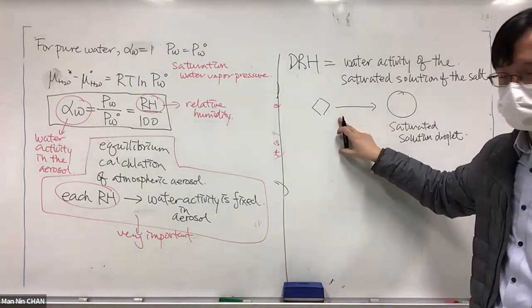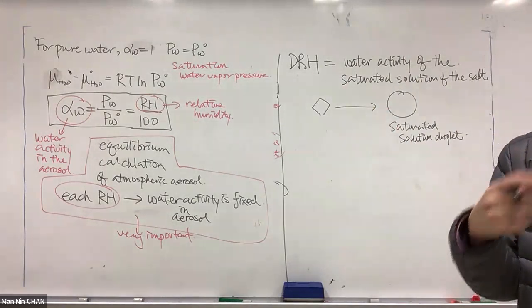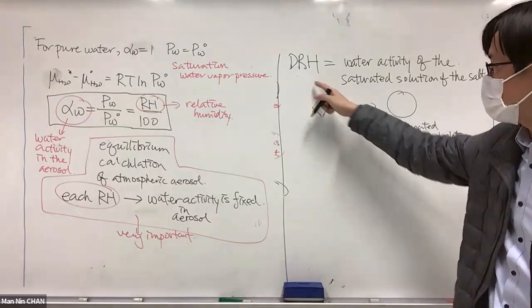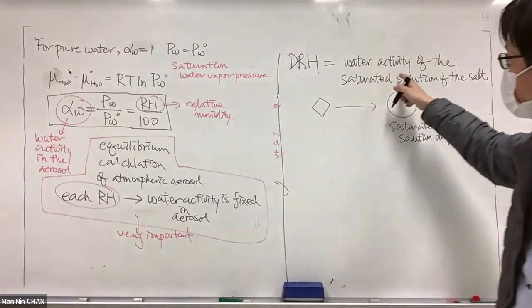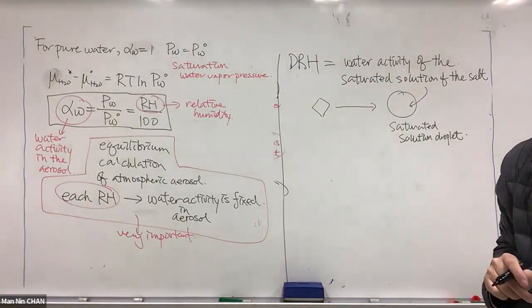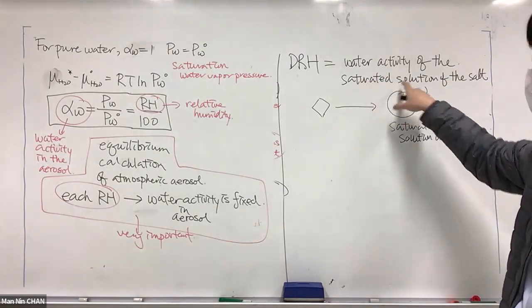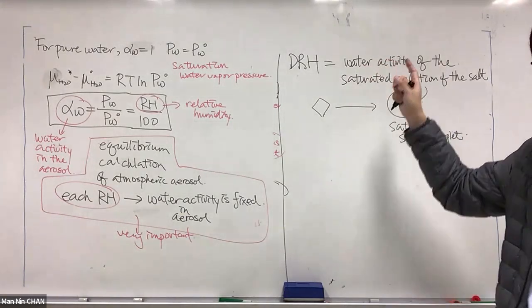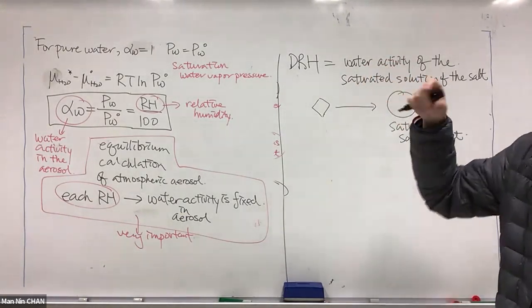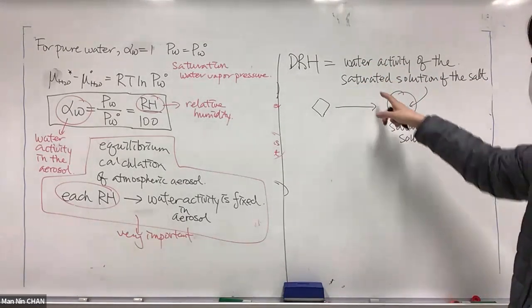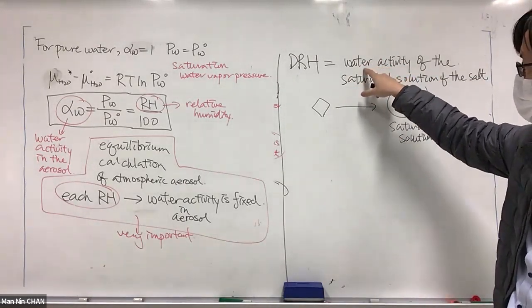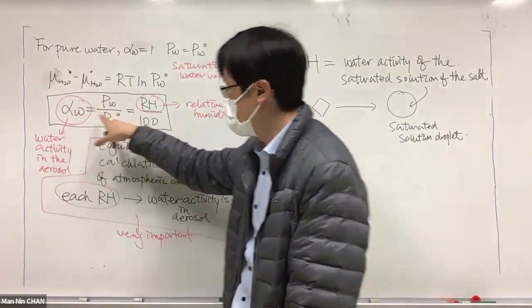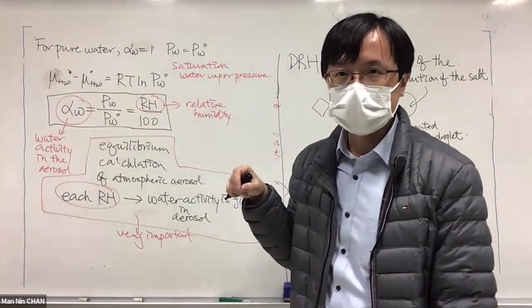So DRH is the relative humidity at which the deliquescence happens. That means the DRH would be equal to the water activity of the saturated solution of your droplet. Therefore, if you can calculate the water activity, and you also know the solubility of your species, then you can calculate the water activity at the saturation point. So the water activity will be related to the ambient RH.